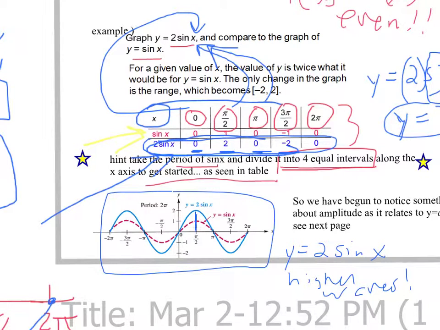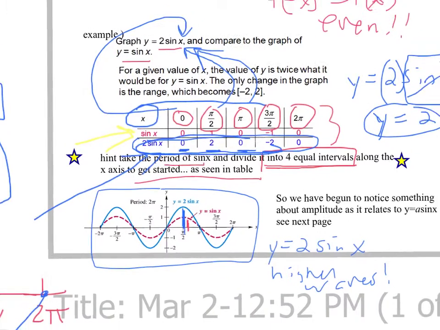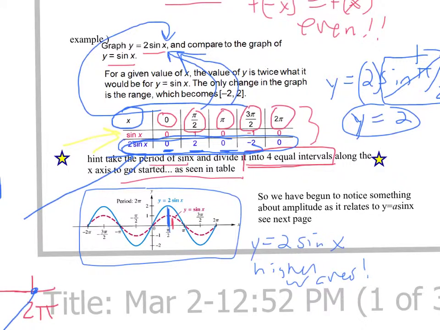So the amplitude on that is 2 versus the amplitude on this one here is 1. So we have begun to notice something about the amplitude as it relates to y equals a sine x. The amplitude is a. I'm going to hit pause as we go to the next slide.